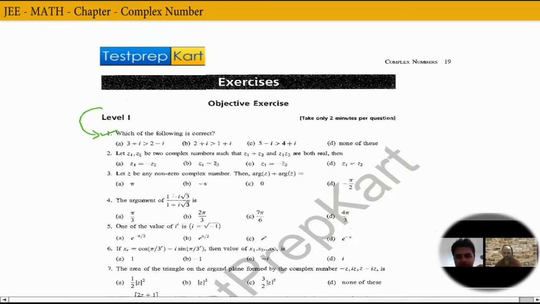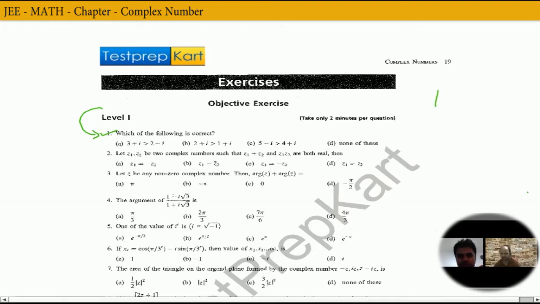So can you see the chat box? The last rule I have just written over there: the difference between real and complex numbers. Can you check once? Yes. So what was that? Real numbers can be arranged while complex numbers cannot. Yes, arranged in ordered form, either ascending or descending.